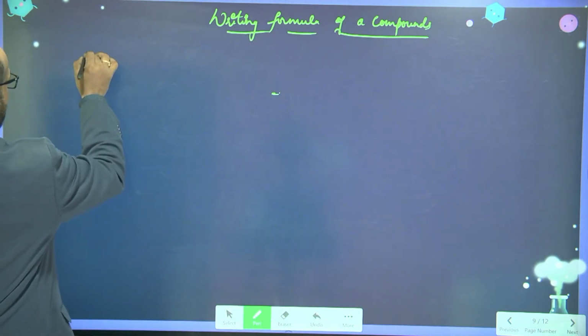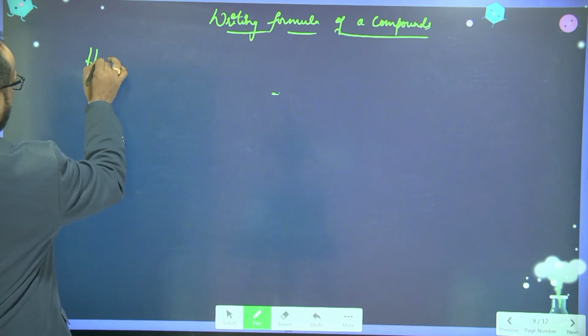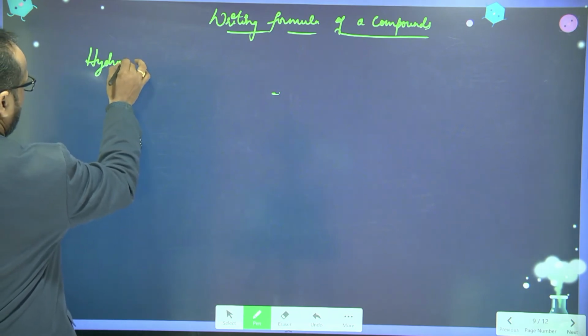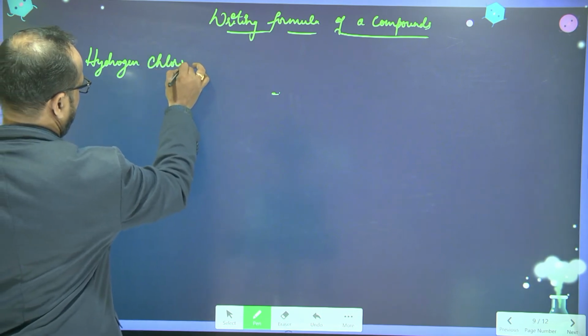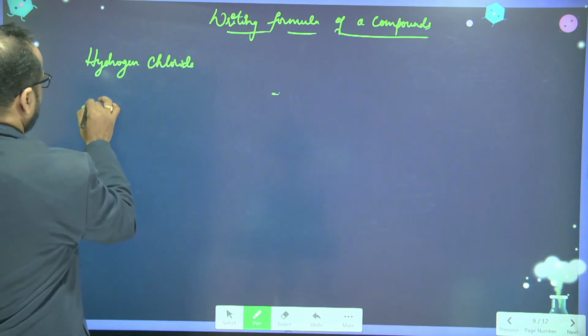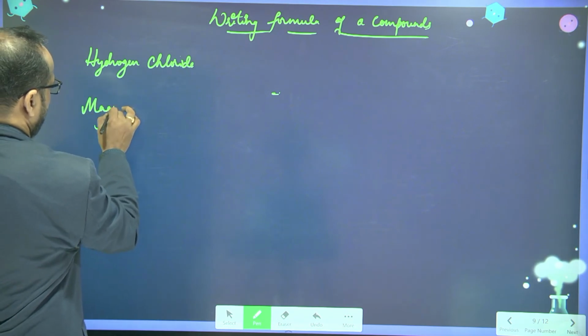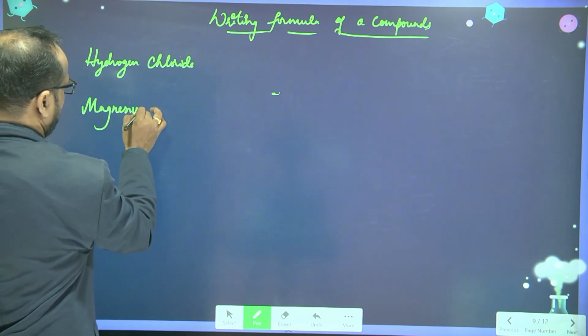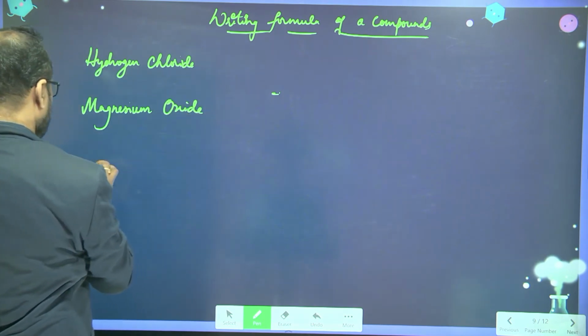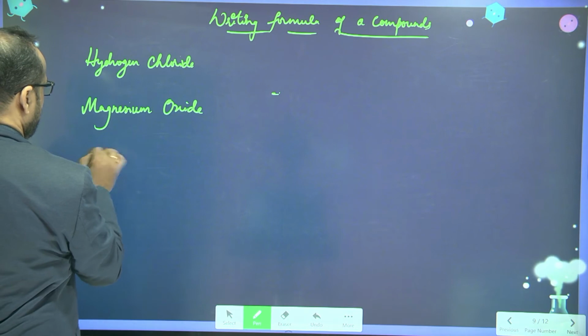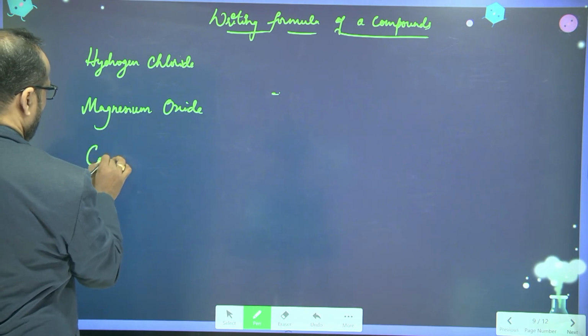Here I am writing some names: hydrogen chloride, magnesium oxide, calcium chloride.